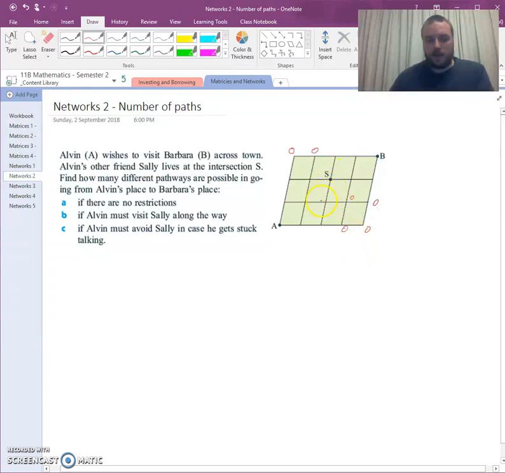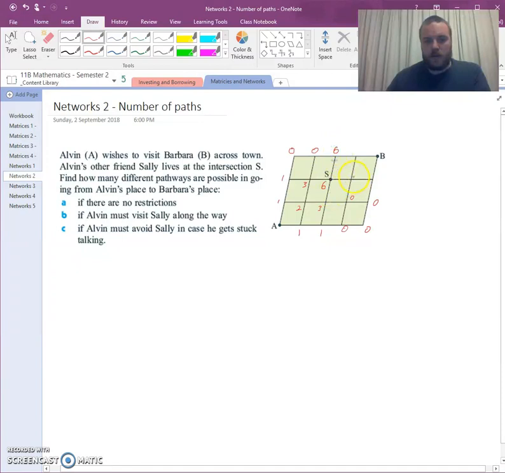Now we've labeled them as zeros, we can just do the path algorithm again. 1, 1, 1, 1, 2, 3. We're not going to go here anymore. 3 paths to here, 6 paths to get here. Then we've got 6 paths to get to here, which means there's also only 6 paths to get here because there's no way we'd go anywhere else.